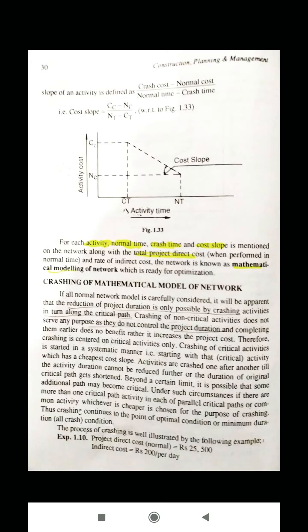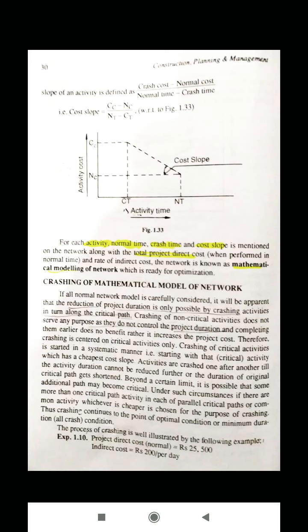So we know that the critical activities are those activities which lie in the critical path, and if we change the duration of critical activities, then the entire project duration is changed.